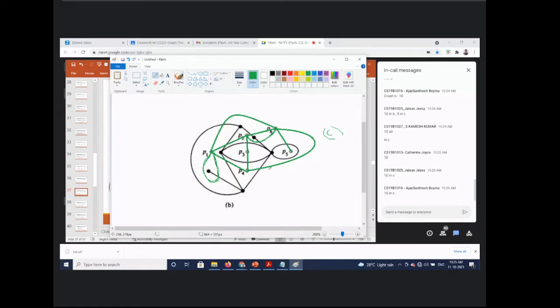From here 8. 1, 2, 3, 4, 5, 6, 7, 8, 9, and 10. So it just didn't change. How many vertices are there? How many vertices were there previously? Now how many are there?